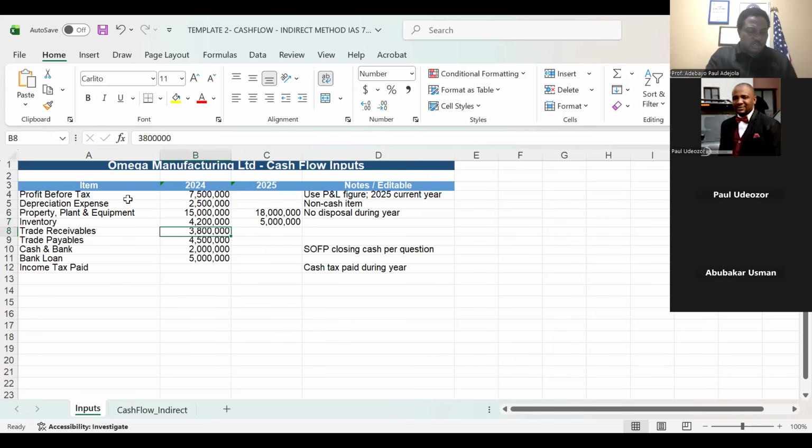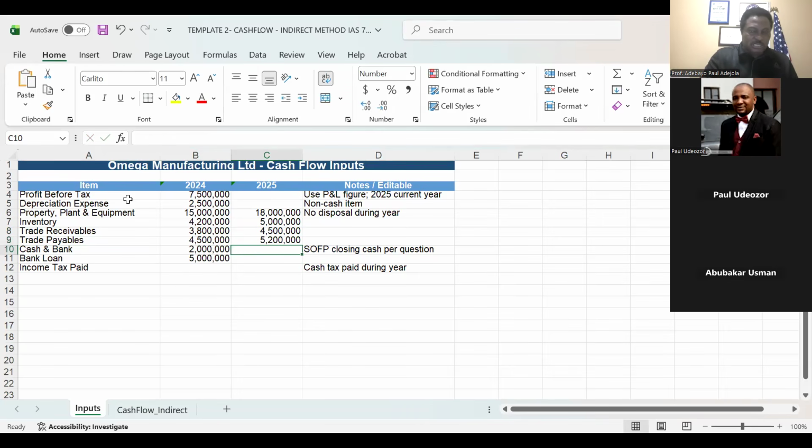Let's go to trade payables. These are the technicalities. Trade payables, beginning of the year, 3.8 million. At the end of the year, 4,500,000, right? Then trade payables at the beginning, 4.5. At the end, 5,200,000.